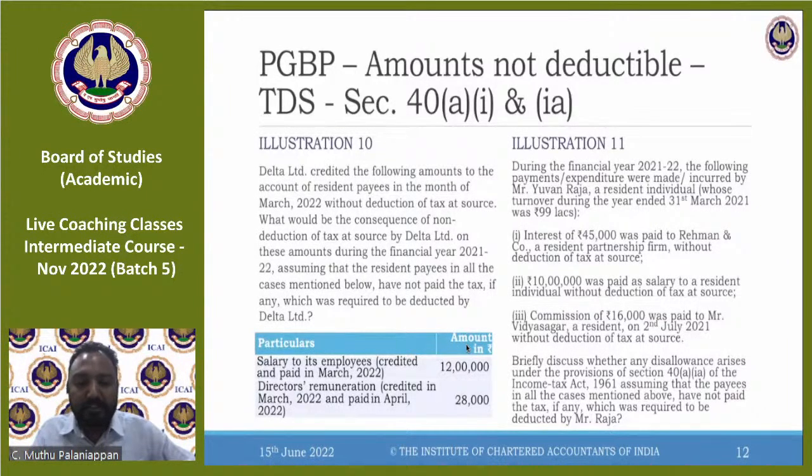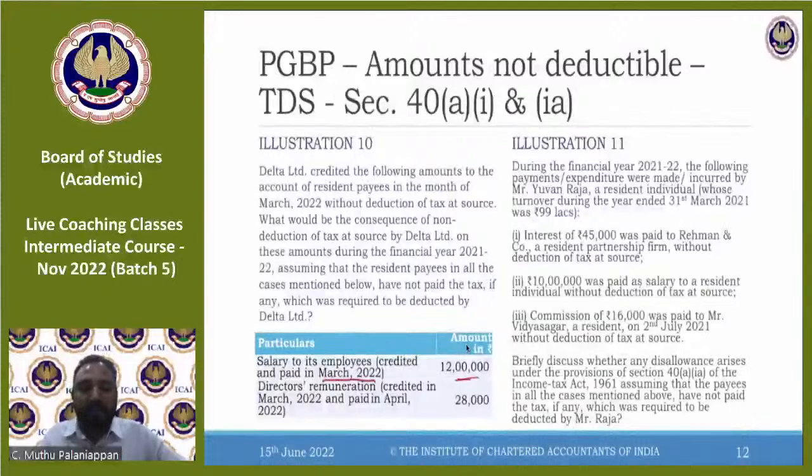The first expenditure that they are saying is 12 lakhs, correct? So for 12 lakhs, what do you do? It relates to salary, on which TDS should have been deducted under section 192. This TDS has not been deducted, though credited and paid in March 2022.